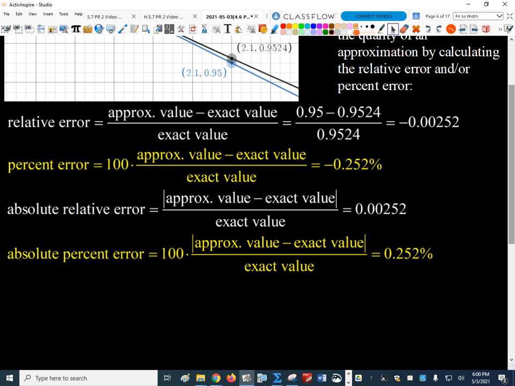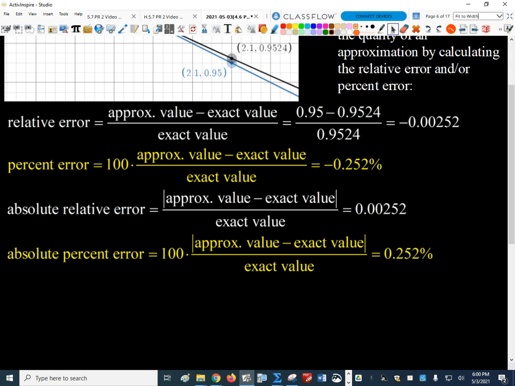And so the way we calculate that, and we talked about this last time, relative error is always the same thing. It's going to be the approximate value minus the exact value divided by the exact value. It's always that way. Sometimes, like in scientific applications, you might make a measurement compared to a known quantity. In that case, you'd have the measured value minus the known value divided by the known value to calculate a relative error.